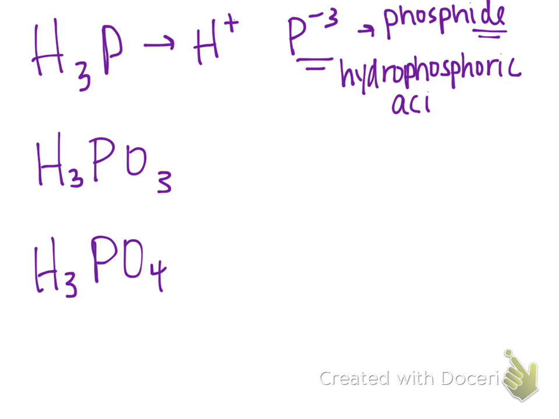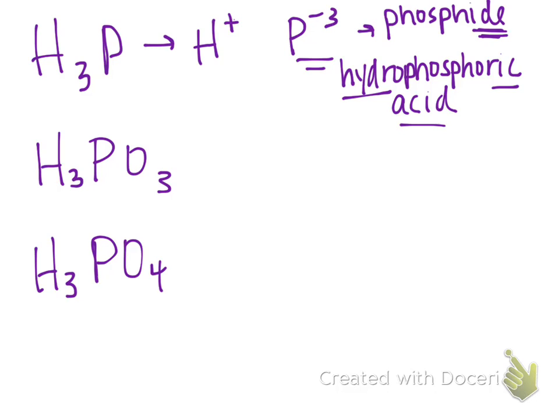Hydrophosphoric acid. Because it comes from an IDE anion, that means we should end up with hydro-ic acid. Does that make sense on the sheet that I handed you? Since it comes from an IDE, which is the bottom one, it should be a hydro-ic acid.